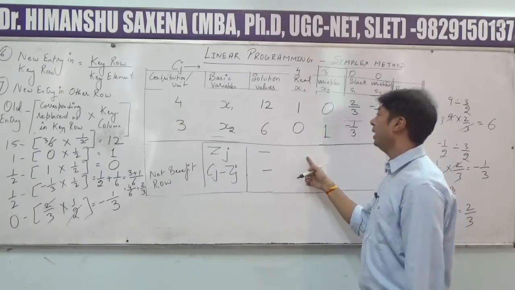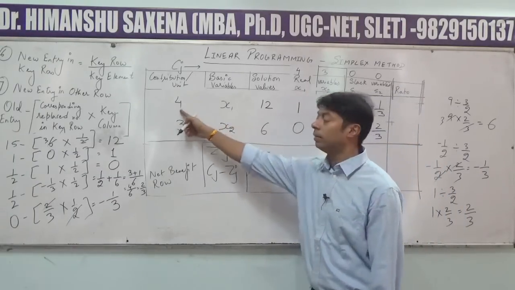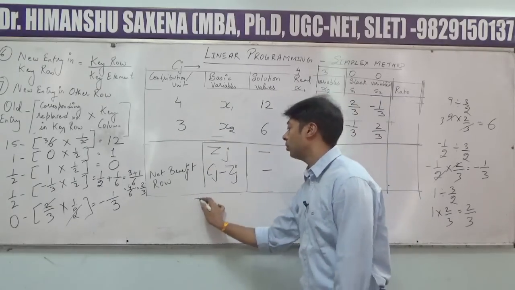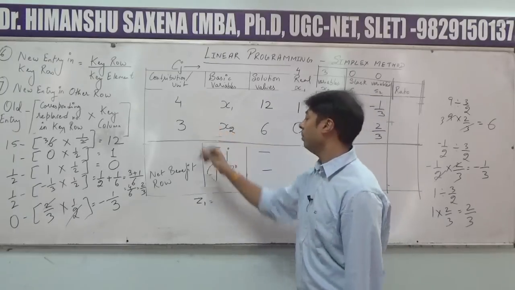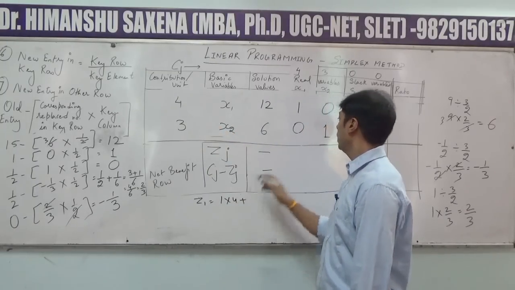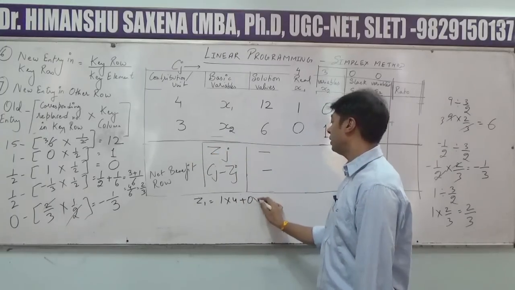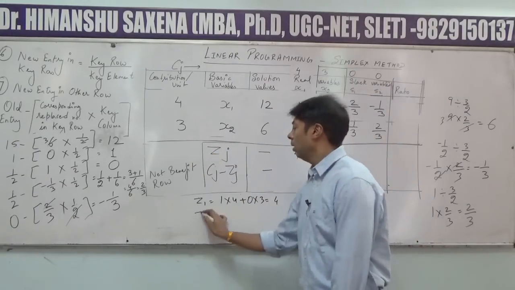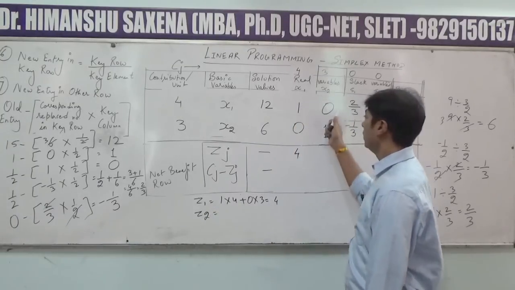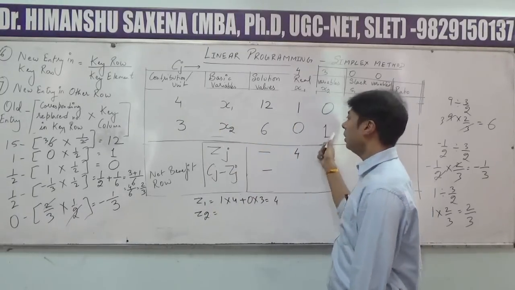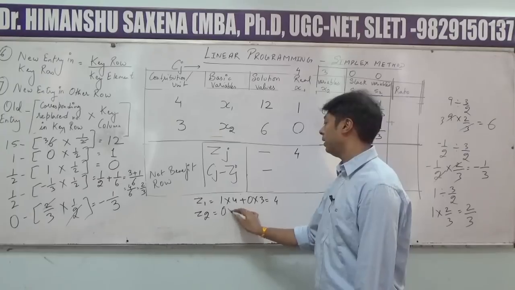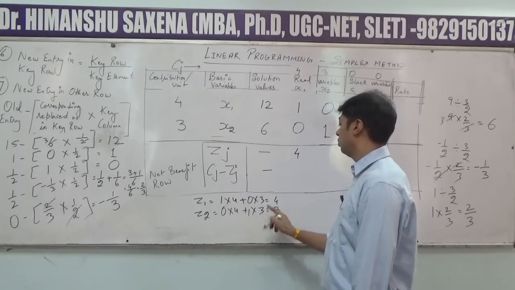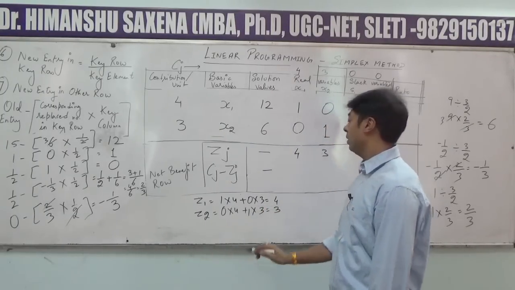Now for Zj we will have to multiply 1 by 4 and 0 by 3. See the working notes for Z1, 1 multiplied by 4 and 0 multiplied by 3, that will be equal to 4. Z2, 0 multiplied by 4 and 1 multiplied by 3. That will be equal to 3 only.